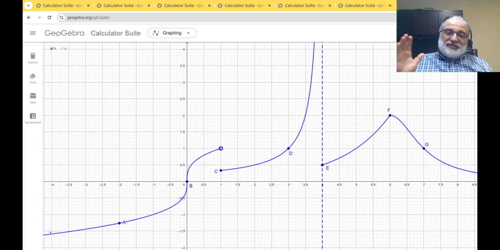I kind of hid the definitions, and I want you to think with me at those points. Do we have a derivative, as in the function is differentiable, or we do not have a derivative, as in the function is non-differentiable? Starting with point A, I'll give you a couple of seconds to think.